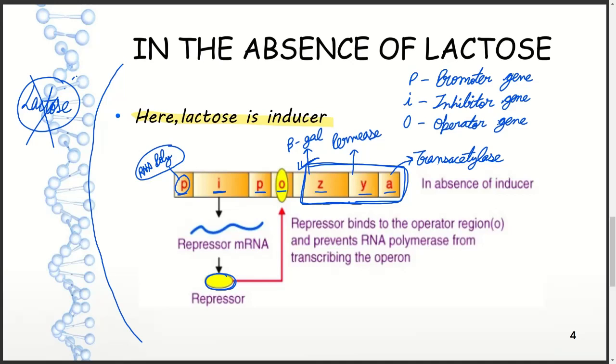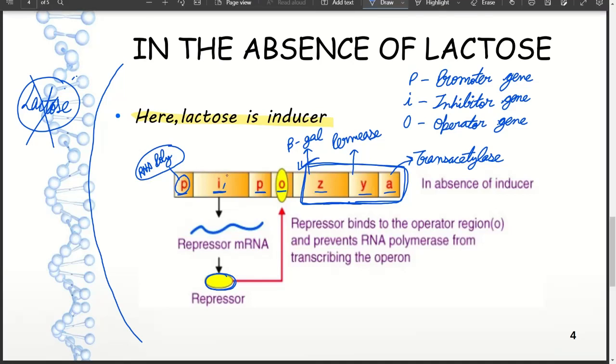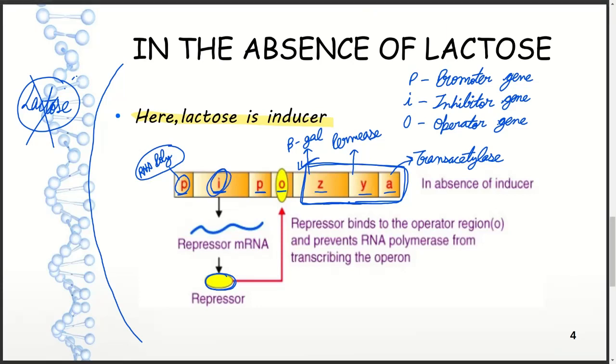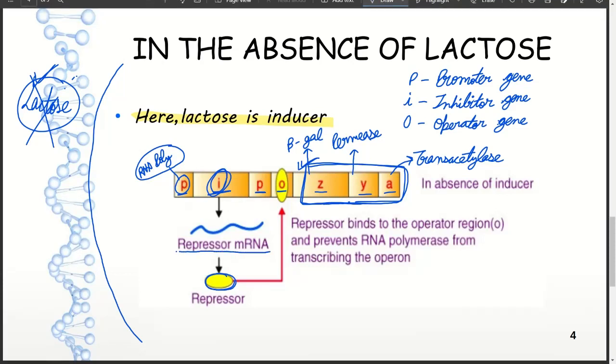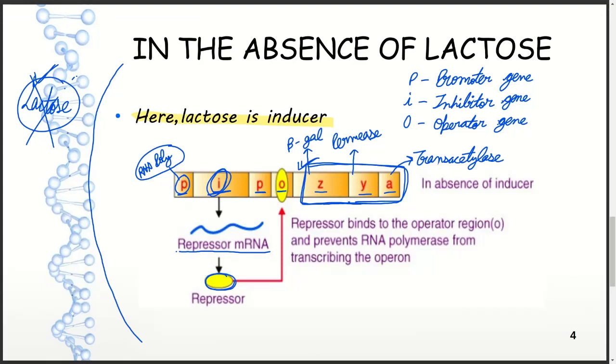The switching on and off of the gene is done by our inhibitor gene, but the regulation is controlled by our lactose anyway. So here is our I gene. Here you can see the I gene, which is controlling the switching on and off of the lac operon. This I gene undergoes transcription, and after transcription it produces an mRNA known as repressor mRNA.